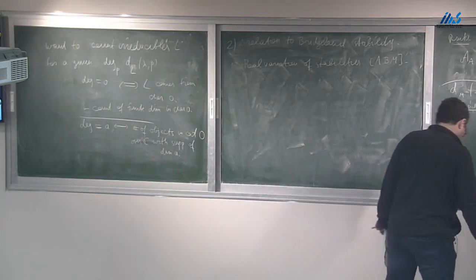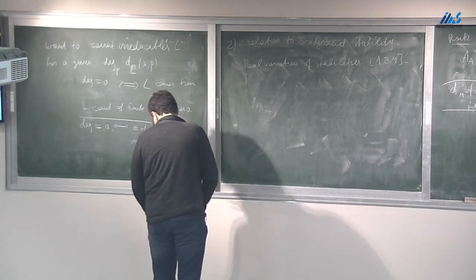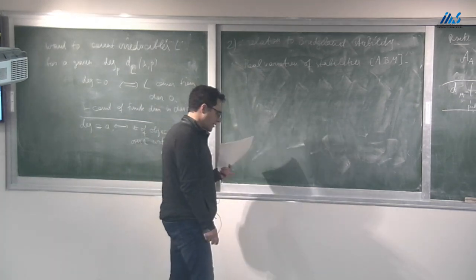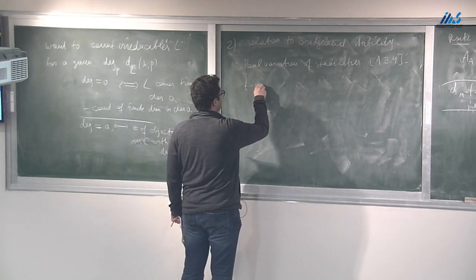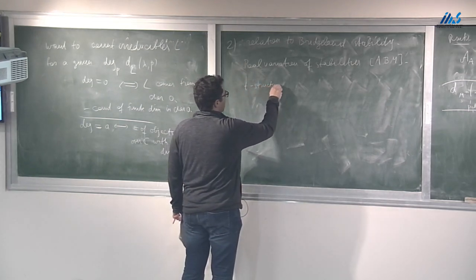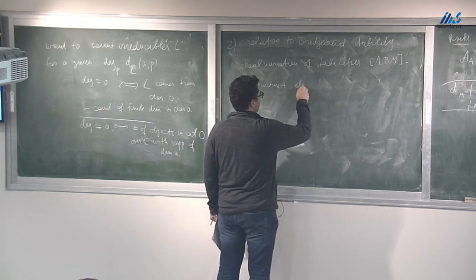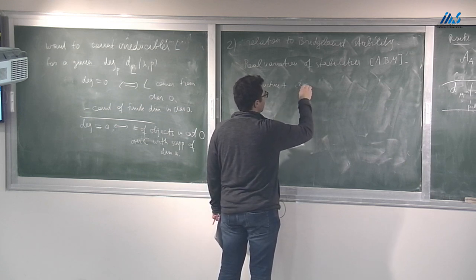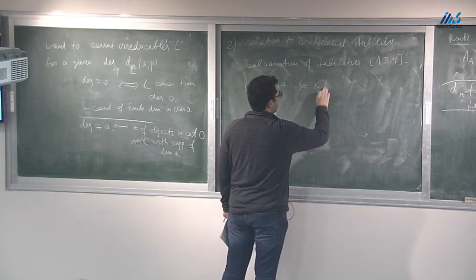Bridgeland defined this concept of stability manifold for a triangulated category, and a point in the stability manifold is a t-structure and a linear functional zeta on K_0 of our category.